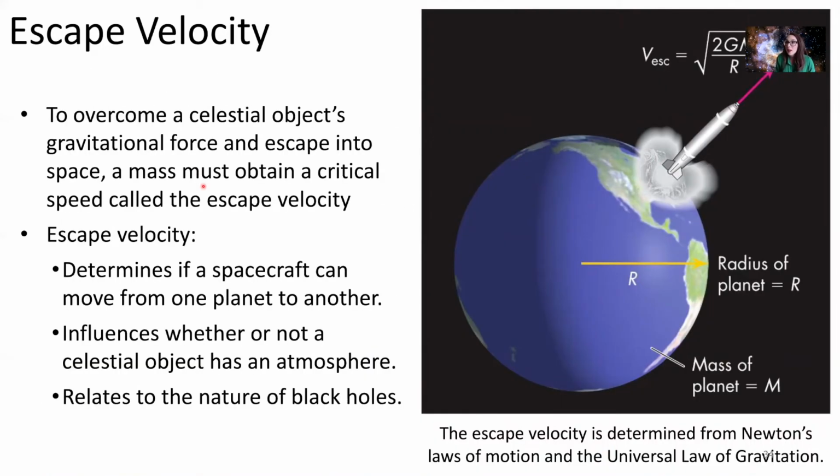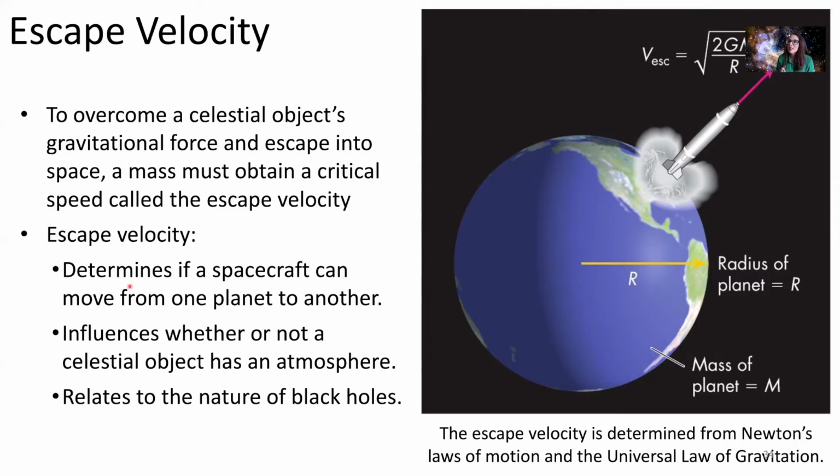So how do we, in the first place, overcome this gravitational pull that the Earth has on us in order to send a spacecraft out into space? To overcome a celestial object's gravitational force and escape into space, a mass must obtain a critical speed that we call the escape velocity.